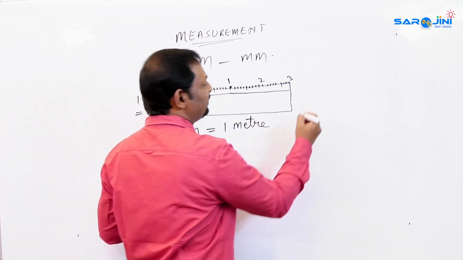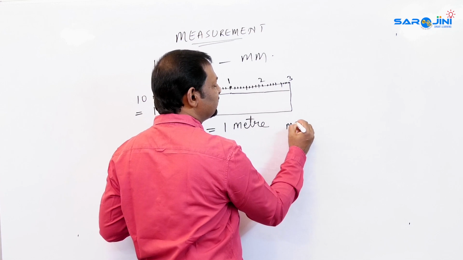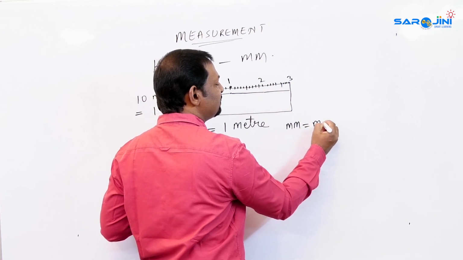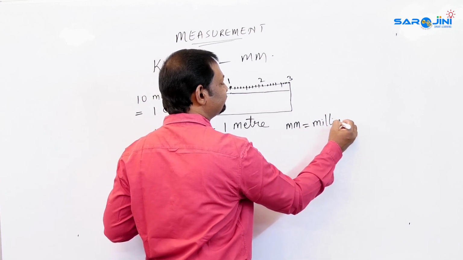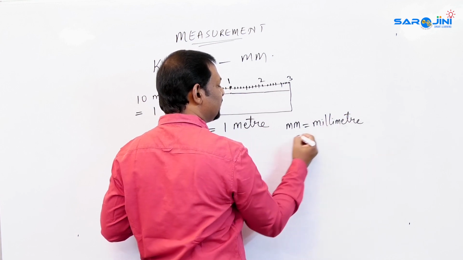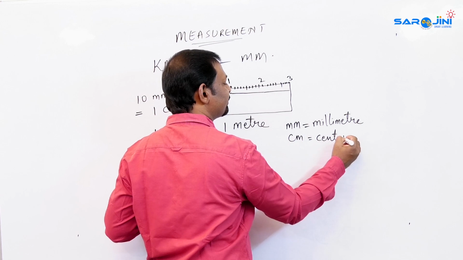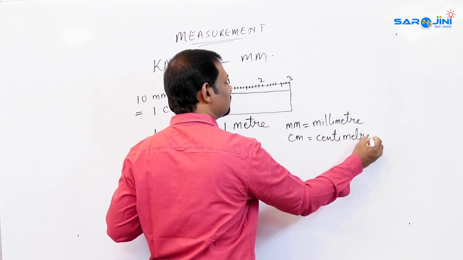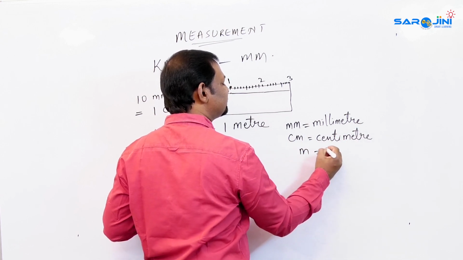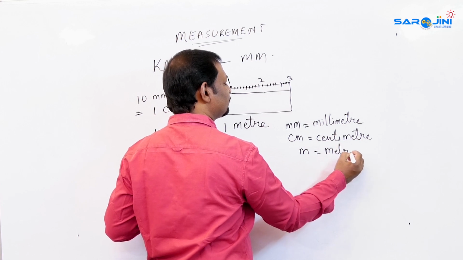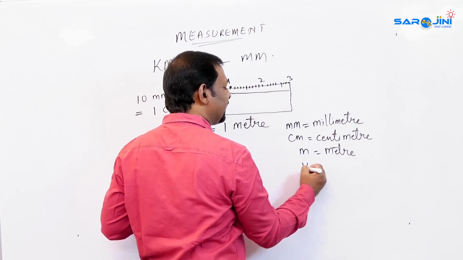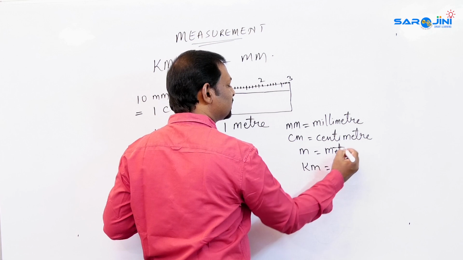So mm is the symbol for millimeter, cm is for centimeter, m is for meter, and km is for kilometer.